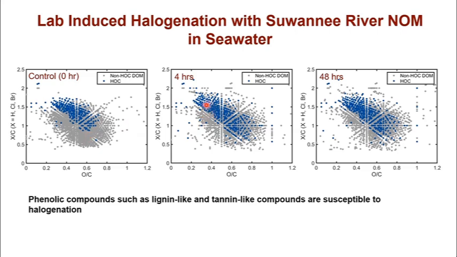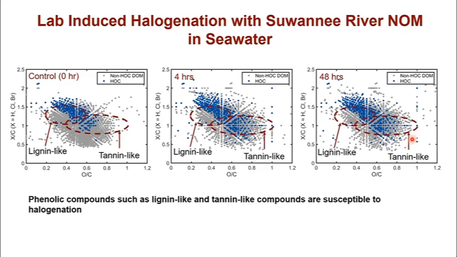However, as we start to intentionally induce the halogenation, something interesting happened. You can start to see this blob of HOC start to expand in a more oxygen-rich direction. What that really means will be unpacked in the subsequent talk, but using Van Krevelen, sometimes you can draw domains and see, okay, what are those compounds?